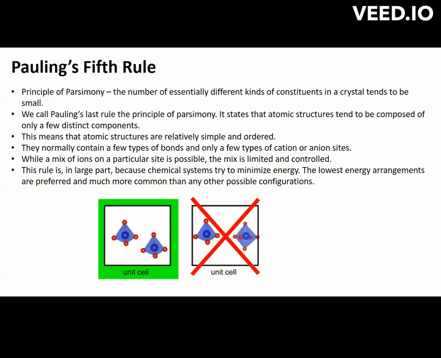Okay. What about the fifth rule? This is what you call the principle of parsimony. This principle is the most interesting one, because it tells us much. For example, when we look at these two unit cells, we know that crystals with unit cells that only include one kind of coordination environment, now look at this unit cell, they include one kind of coordination environment.